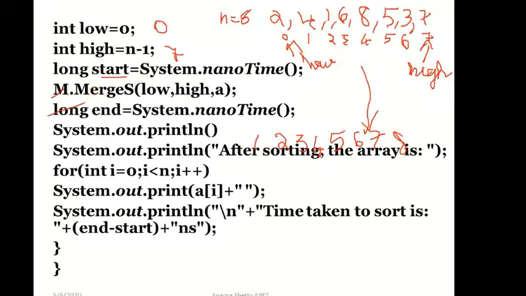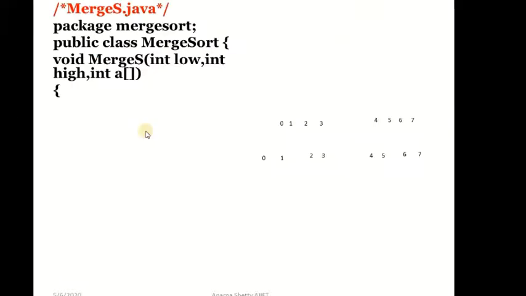So let us go to the merge sort class and see the merges method. So this is my class here, merge sort. I have this merges method. It takes 3 parameters, low, high and A.